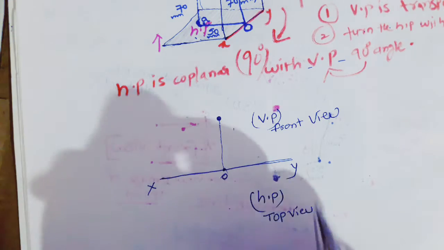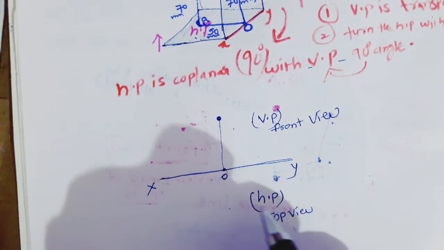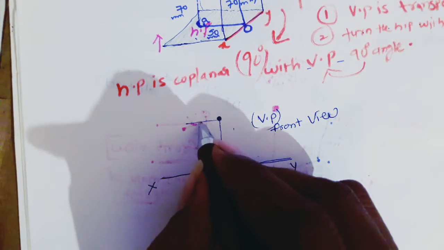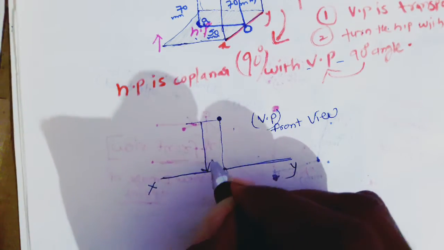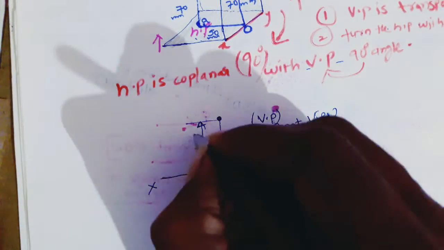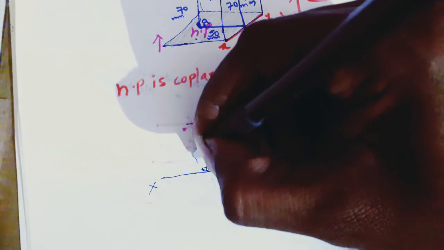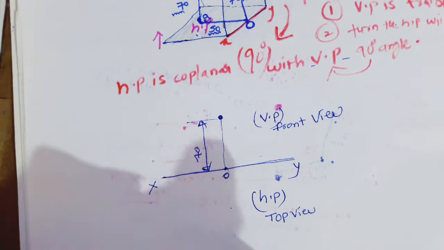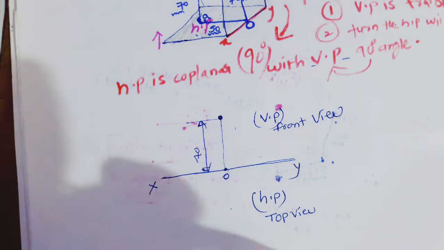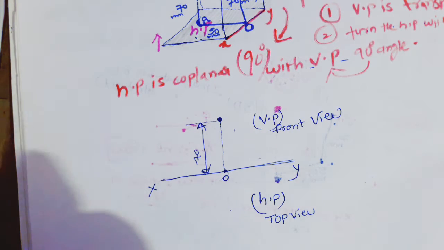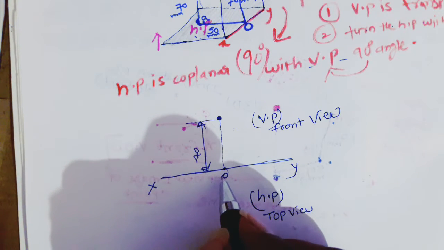This is the position of the point from O, 70. Then how to show the 50 mm? Above XY or below XY?